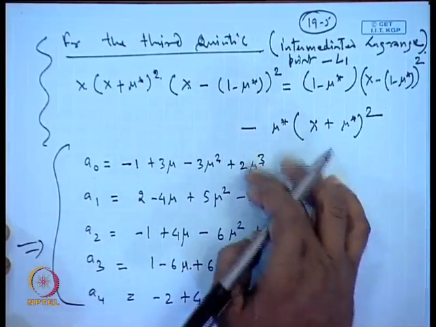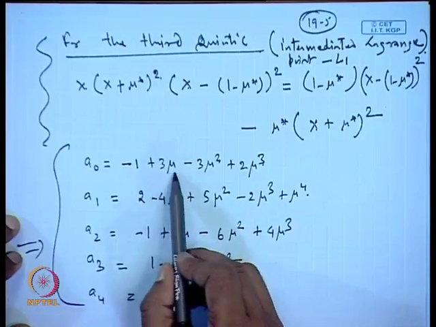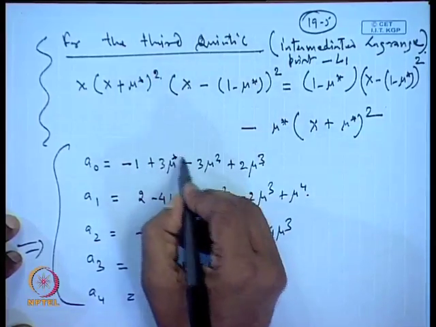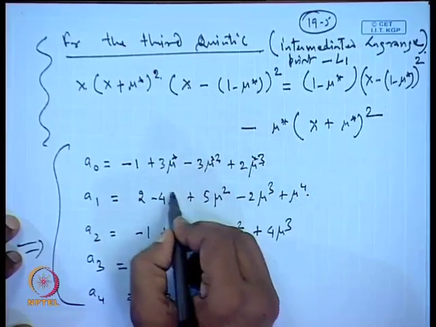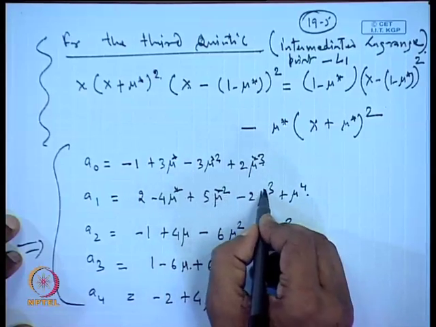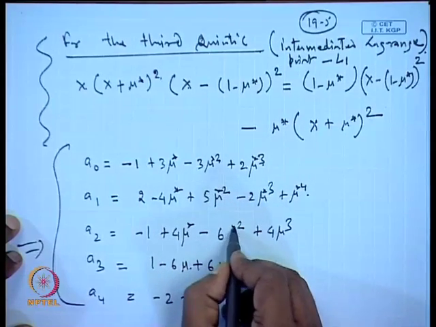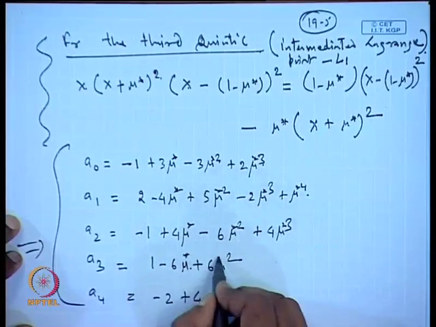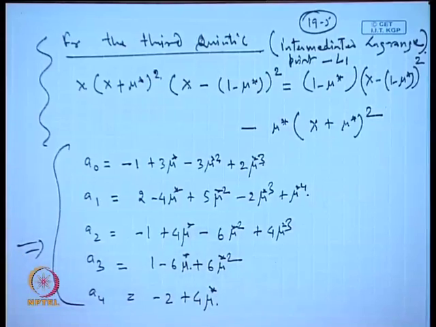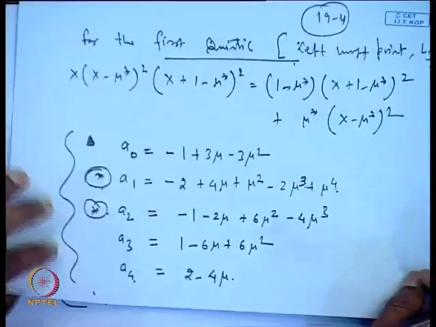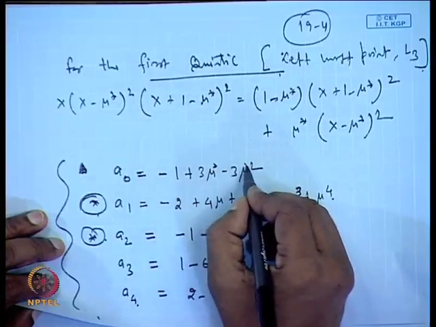Now, these coefficients are all written in terms of mu star. The earlier equations also we have written, they are all in terms of mu star.